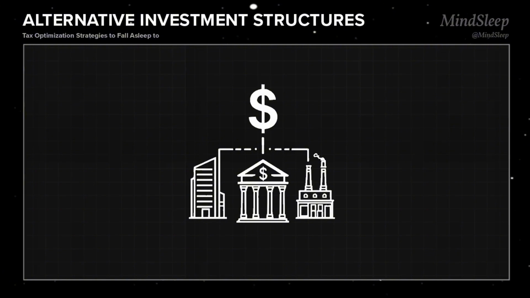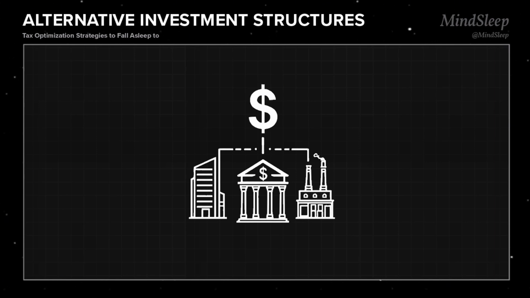Let's now delve into the world of private placements, another alternative investment structure with significant tax implications. Private placements refer to the sale of securities to a relatively small number of select investors.